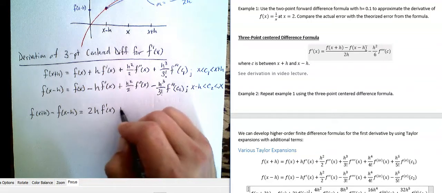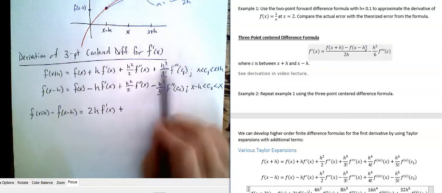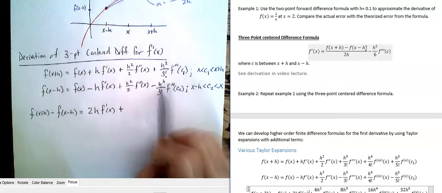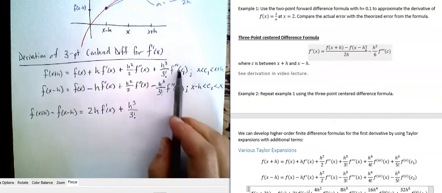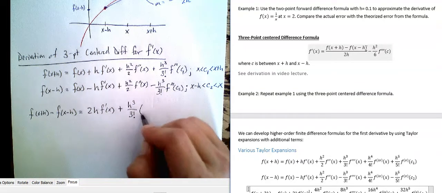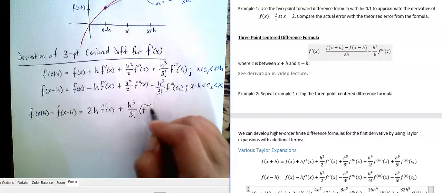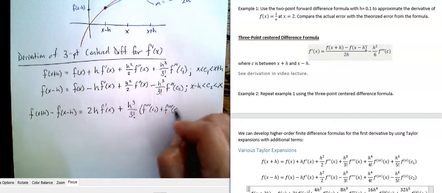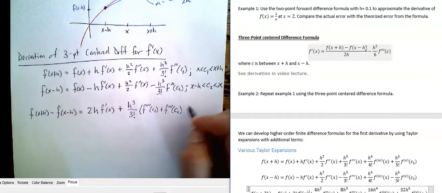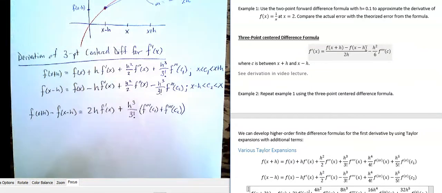So it'll be this guy plus this guy. I'm going to factor out that h cubed over 3 factorial, and then I'll have the sum of these two terms: f triple prime c1 plus f triple prime c2. Okay.